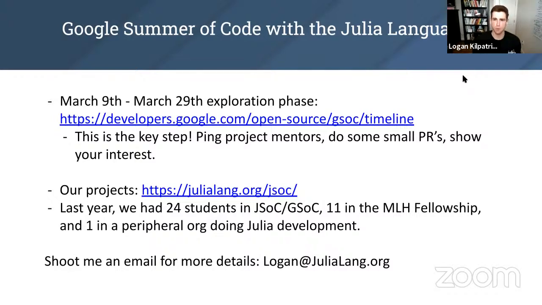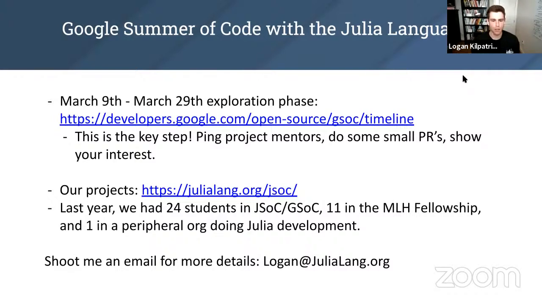I'm not sure how familiar you all are with Google Summer of Code, but it's basically a quote unquote internship program put on by Google every summer, and students are able to go and look through projects created by open source organizations, and you get paid by Google a stipend over the summer to work with all these different projects.